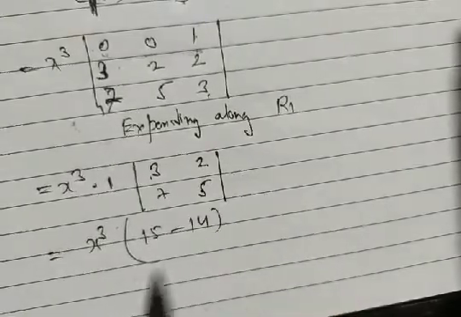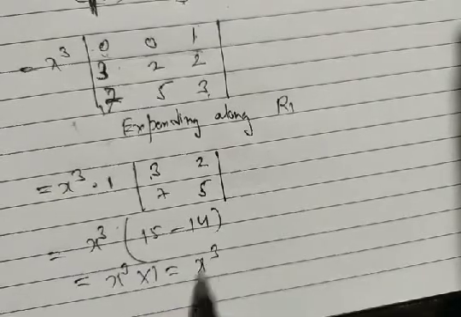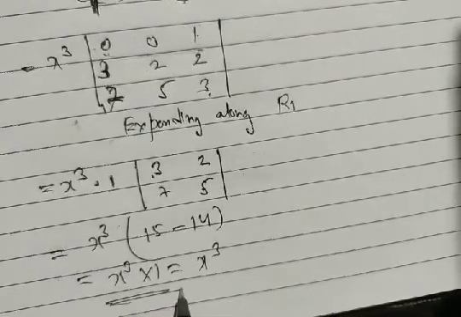This is 5 times 3, 15, minus 7 times 2, 14, and we have x cube into 1. We have x cube there.